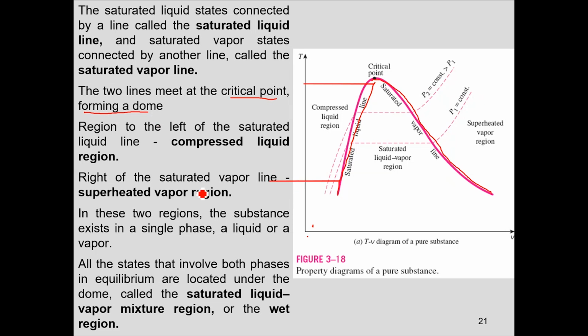The region to the left of the saturated liquid line is the compressed liquid region, and the region to the right of the saturated vapor line is the superheated vapor region. In these two regions, the substance exists in a single phase, either as a liquid or as vapor. And all the states that involve both phases in equilibrium are located under the dome, and these are called the saturated liquid vapor mixture region or wet region.